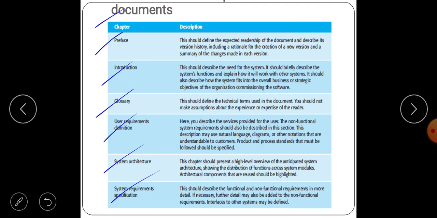Before going to this topic, suppose you have one book. What are the pages you can see in a book? You take one book and open it. On the first page you can see the title of the book.